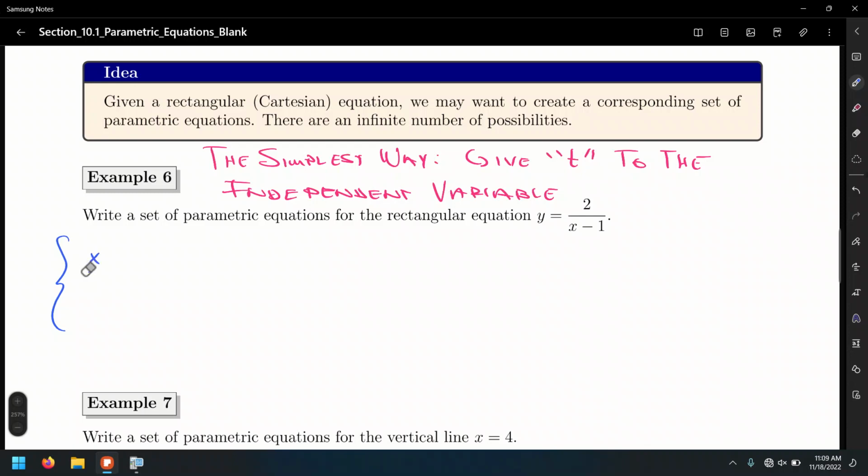In this case, the independent variable of y equals 2 over x minus 1 is the variable x. So your x will be t. Why? Well, the result of substituting t wherever you see the letter x gives y equals 2 over t minus 1. And that's it. That's all we do. That's one way to parameterize an equation.